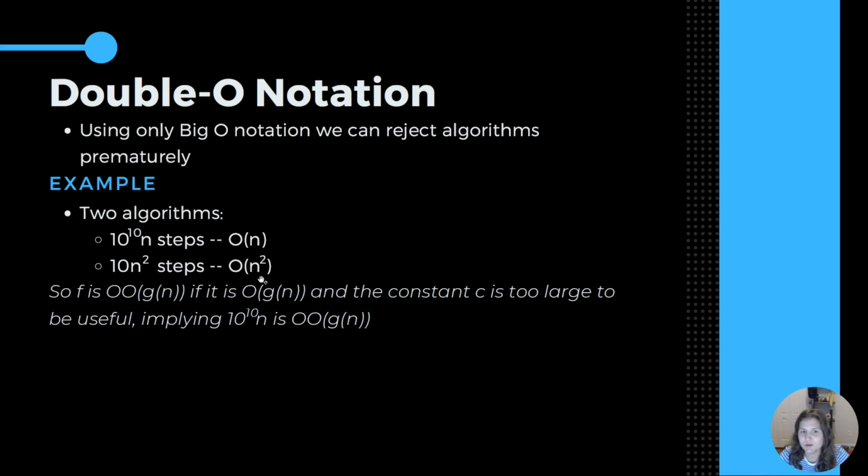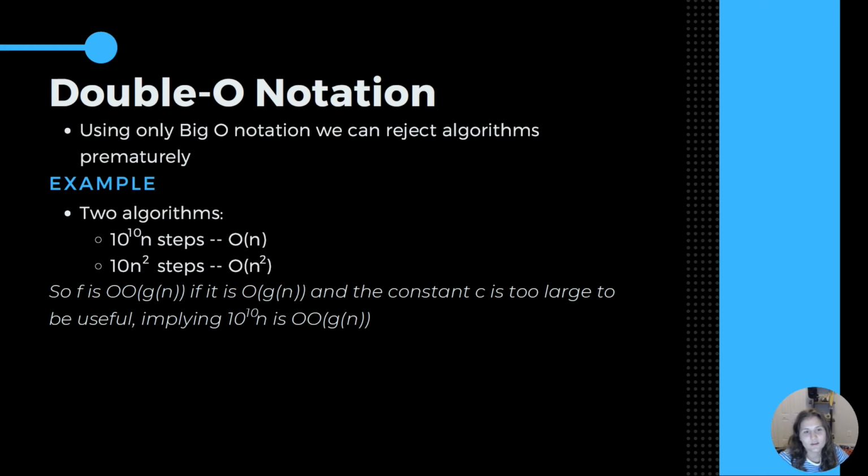So using big O alone, we actually will reject this second algorithm because it grows too fast. But that's only true if n is greater than 10 to the 9. And it's pretty often that n is going to be smaller than 10 to the 9. So really, the second algorithm will be faster than the first algorithm.